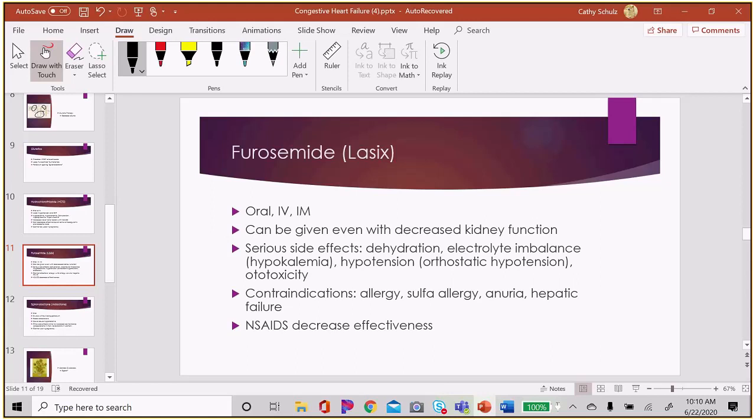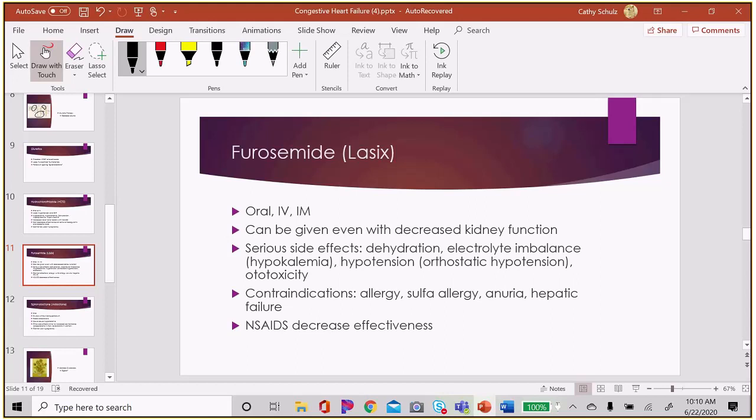So it's important to consider that if someone is on furosemide twice a day, that they not take the second dose after 4 o'clock if they're on like a regular sleep schedule because they will be up all night urinating. It works similar to hydrochlorothiazide, but in a different portion of the nephron.